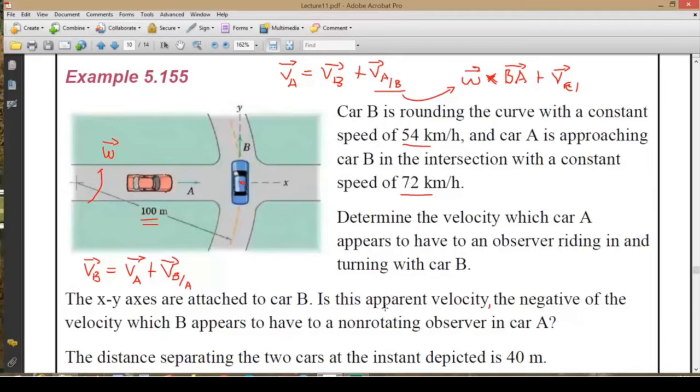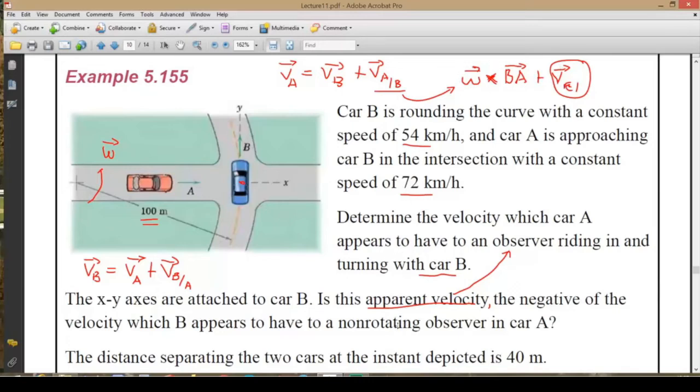The apparent velocity is defined as the velocity that appears to the observer that is riding in and turning with car B. Now that velocity is actually V relative. Okay. Therefore, velocity of B with respect to A is not equal to V relative. It is equal to V relative plus this extra term.